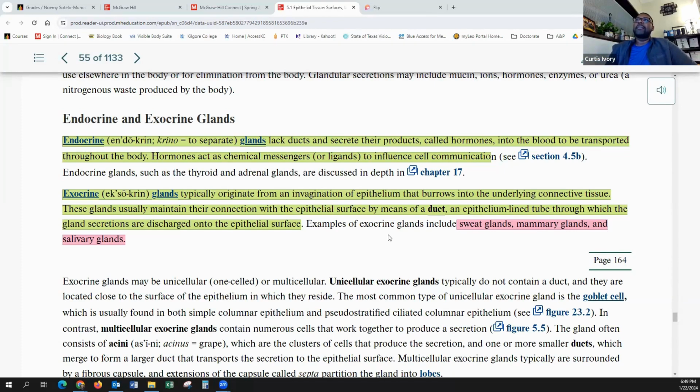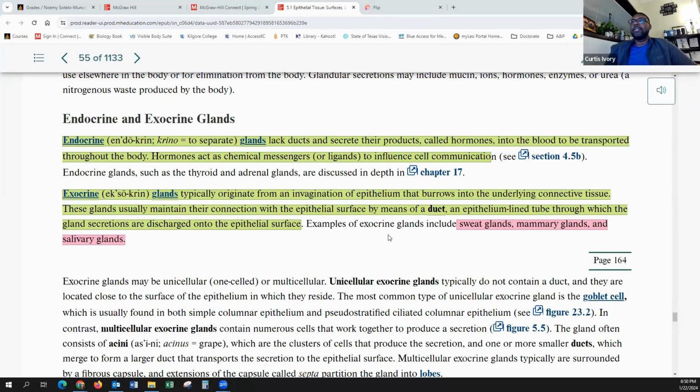So essentially it has a pipe to where it can send its hormones. Endocrine glands are essentially like if I were to leave something outside of my door and hopefully somebody would walk by and pick it up, versus me actually having a hallway to go down and take the stuff to. So endocrine glands lack ducts. It doesn't have anywhere it can send it off to.